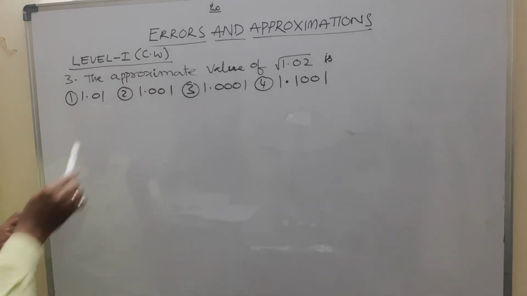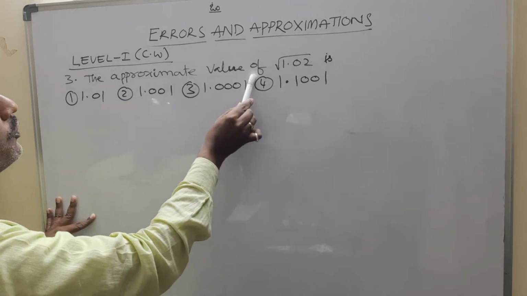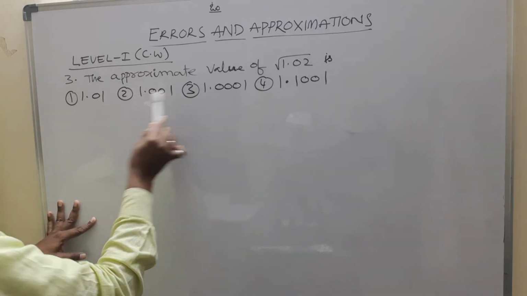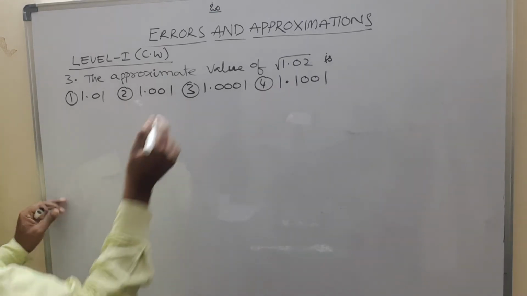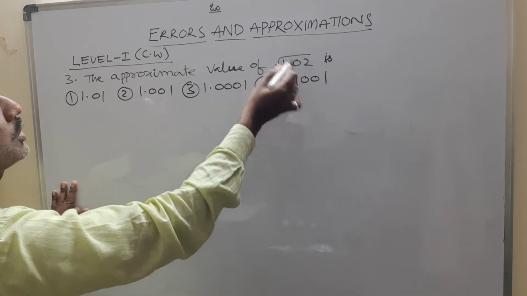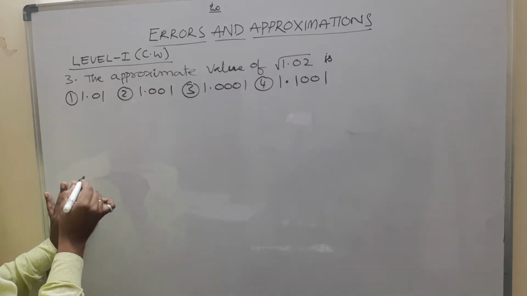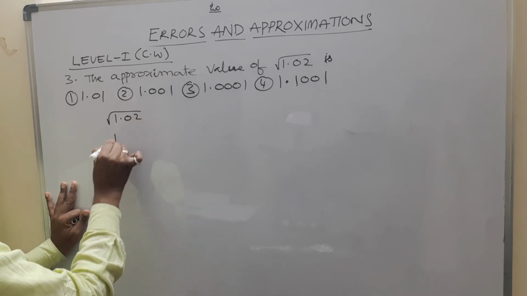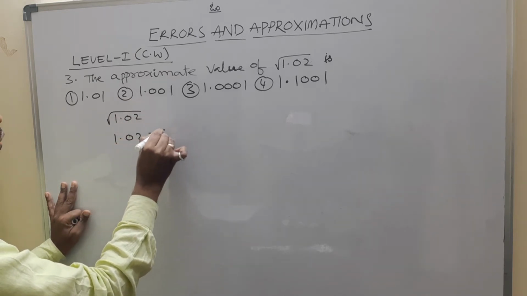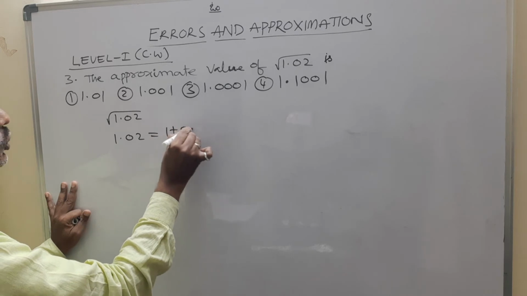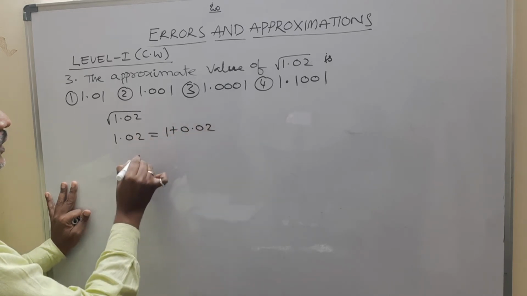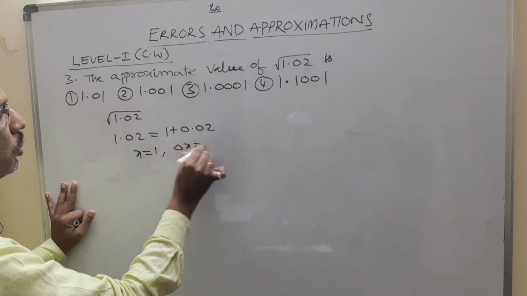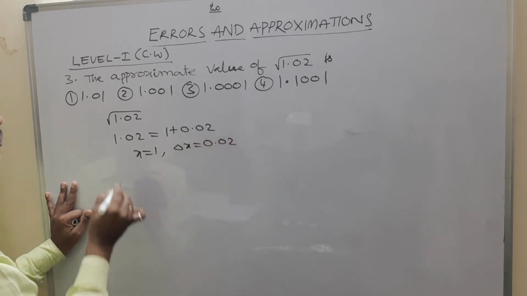Question number 3. The approximate value of square root of 1.02 is, these are the 4 options. In this question, to find the approximate value of square root of 1.02, 1.02 equal to 1 plus 0.02. Here x equal to 1, delta x equal to 0.02.